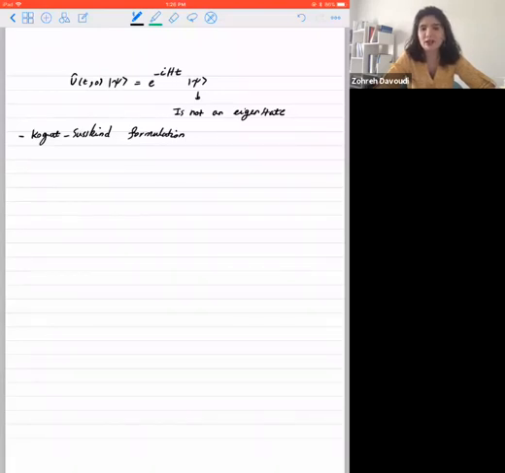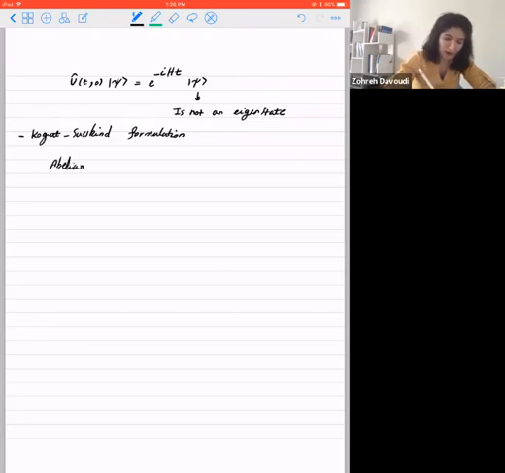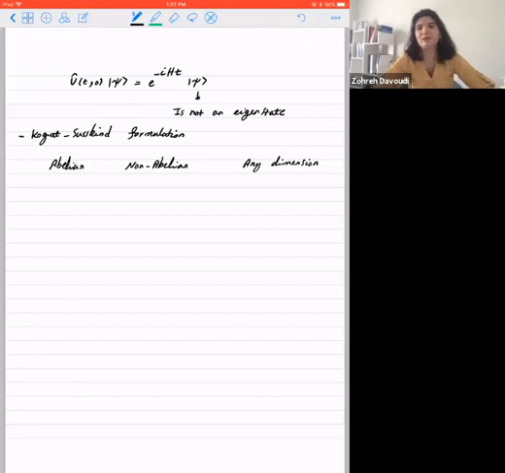So the Kogut and Susskind formulation applies to lattice gauge theories. They could be abelian as well as non-abelian, and it could be in any dimension in principle. Okay.